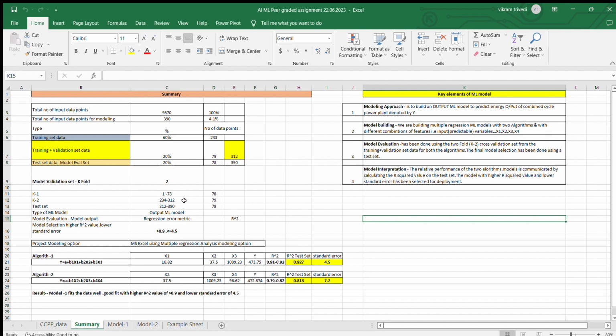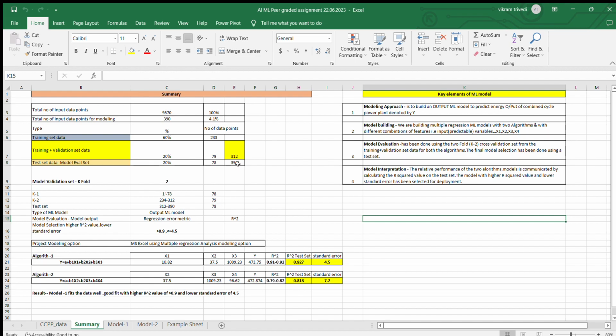This is the machine learning model depicted over here with these two algorithms. The one with higher R square value and lower standard error will be selected for final deployment after we have tested it through the test set.